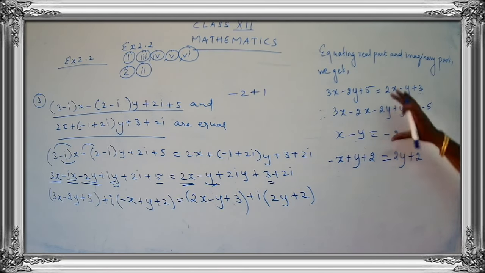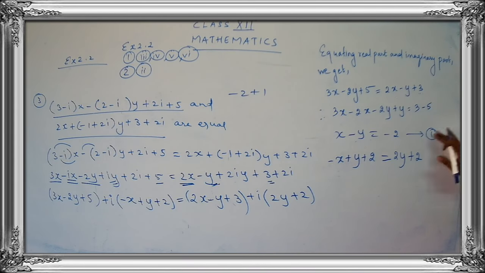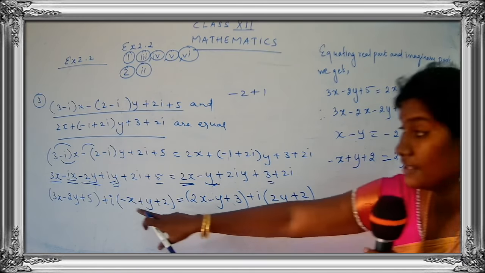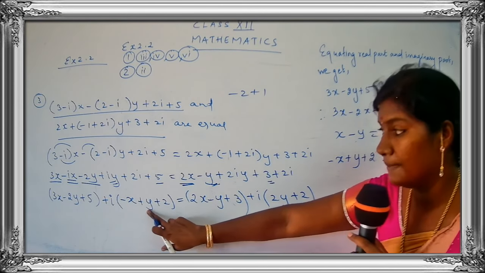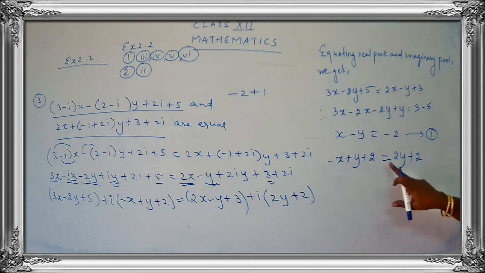Imaginary part means the part that comes with the imaginary unit. What is with i? Minus x plus y plus 2. Okay, minus x plus y plus 2 is equal to 2y plus 2.